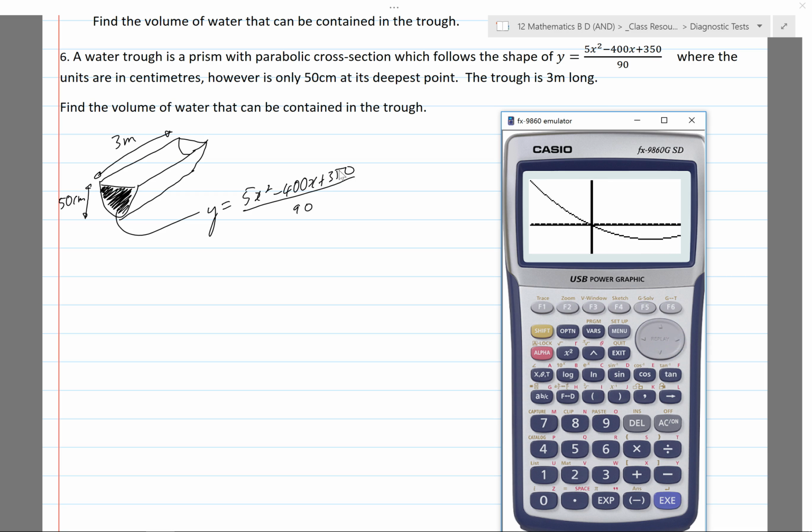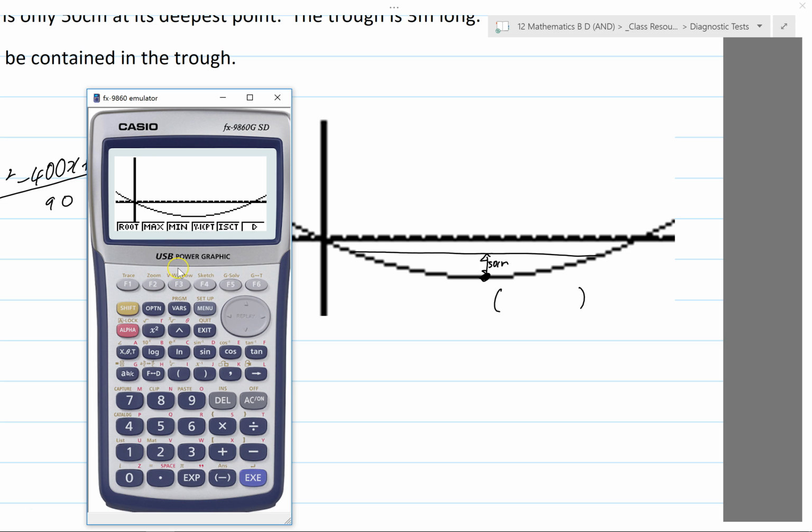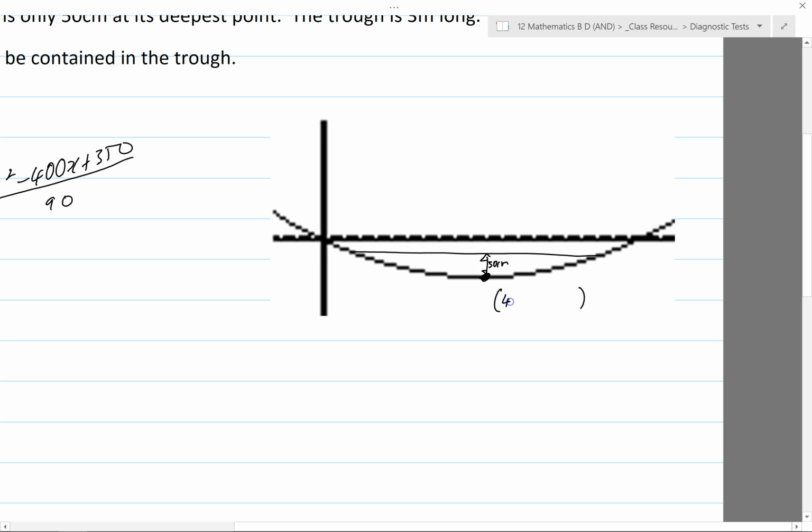So if I go back to my calculator, I'll find the minimum. So G-Solve for the minimum, it's at 40, negative 85. Okay, so I really want to find that shaded area.